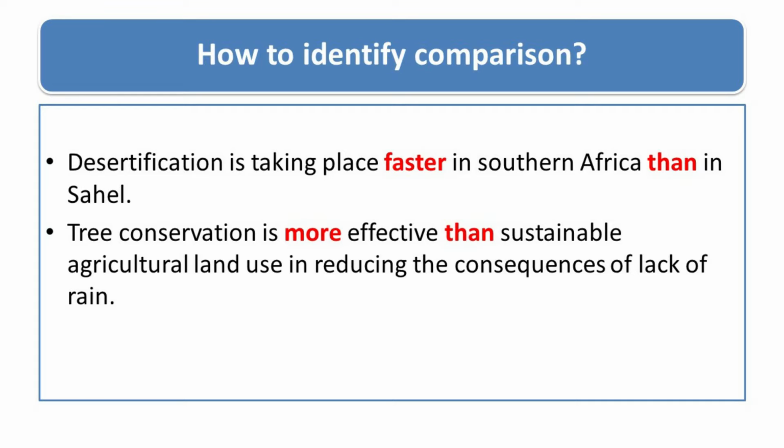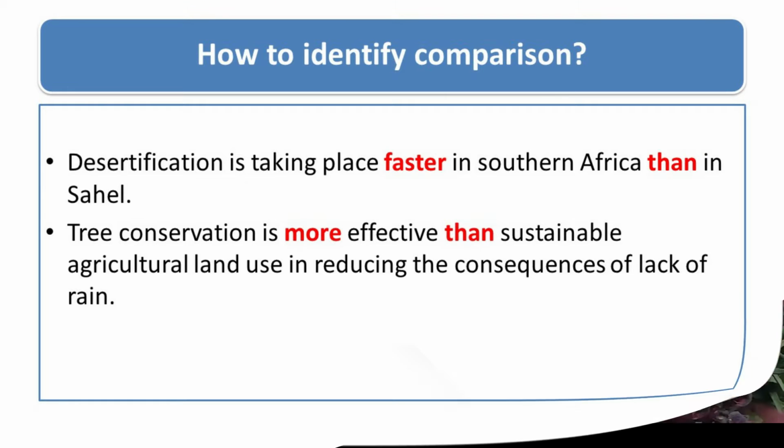Along with "than", there will also be a degree of adjective. For example, in the first example, we have "faster". It's the second degree of adjective. Similarly, in the second example, we have "more". That is showing the degree of effectiveness.